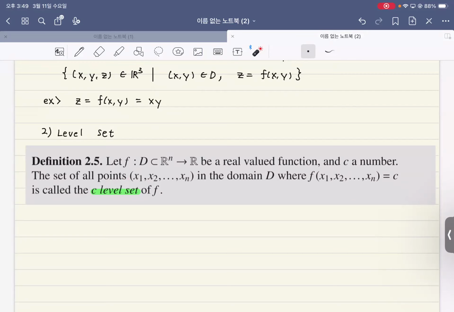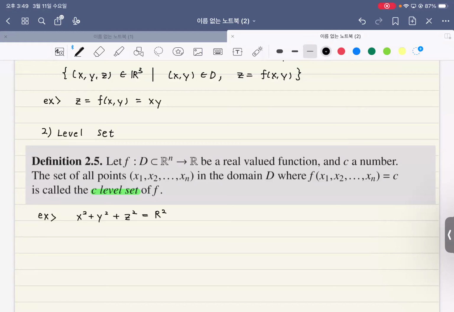Let me give you an example of this. Can you recognize this? So what is this? Usually we can say this is a sphere centered at the origin whose radius equals R, right? But we can also say this is actually the level set of a function.